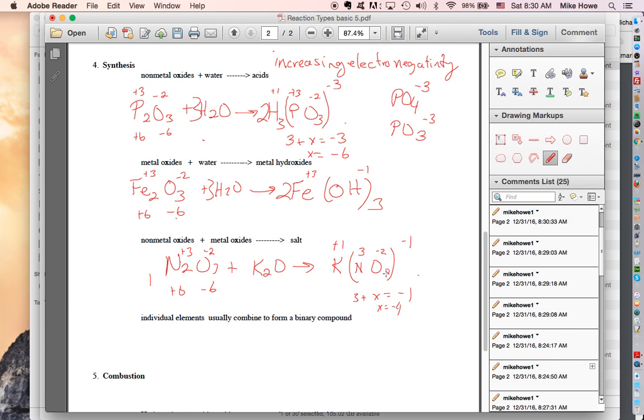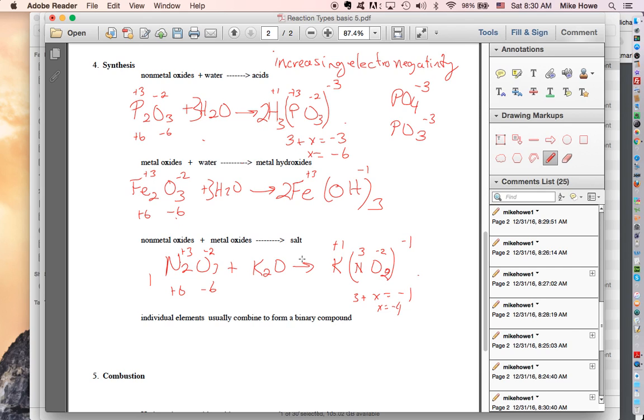All right, and then we put a 2 down here. Okay, so 3 plus -2 times 2. -2 times 2 is -4. So 3 plus -4 equals -1. All right, +1 -1, those charges are already even for the polyatomic ion compared to the K.